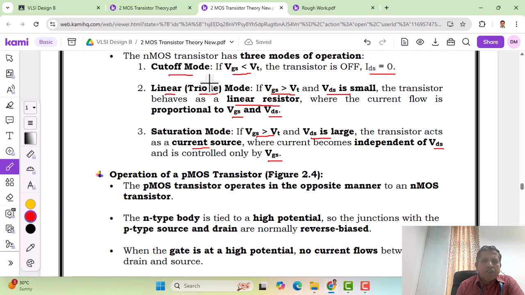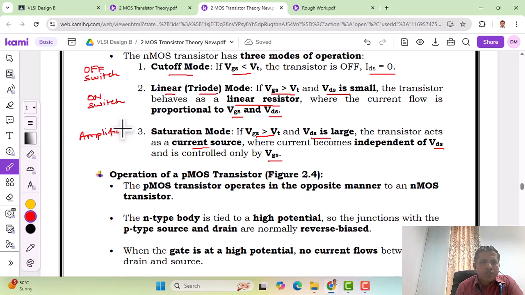If you look at applications of a transistor, in the cutoff mode it acts like an off switch, whereas in the linear mode the transistor acts like an on switch. And in the saturation mode, we can use the transistor for amplifier applications.